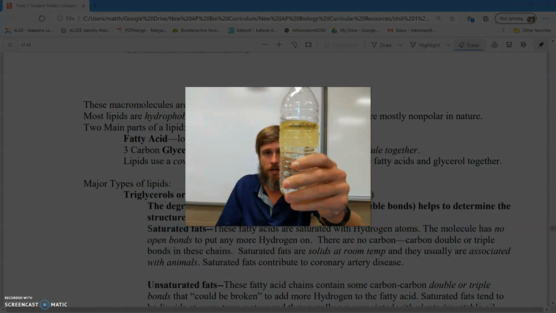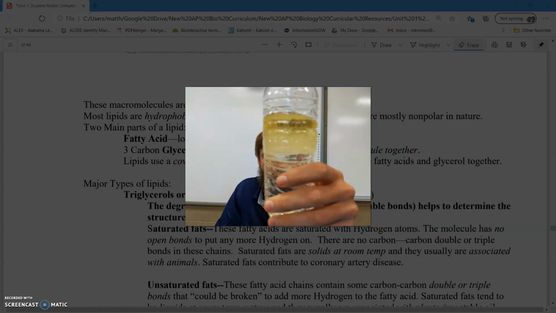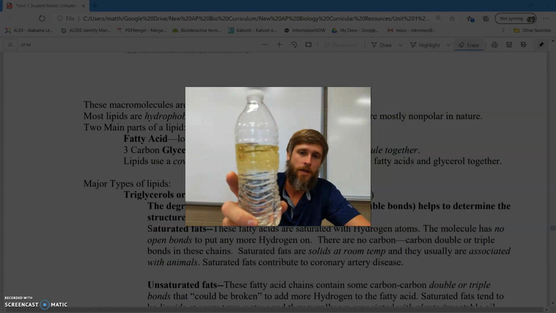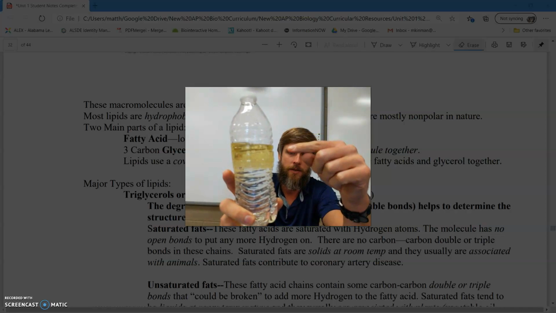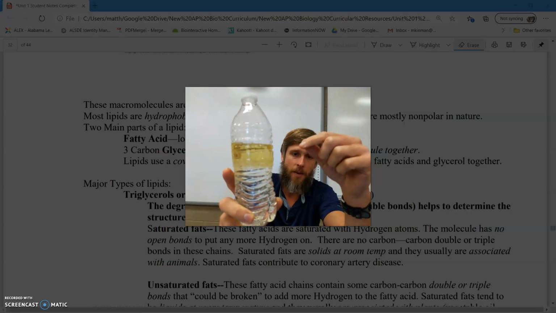So a good illustration, you've seen this before, for nonpolar versus polarity is oil and water. So here at the top is canola oil that I bought from Walmart, and here is water out of the tap.